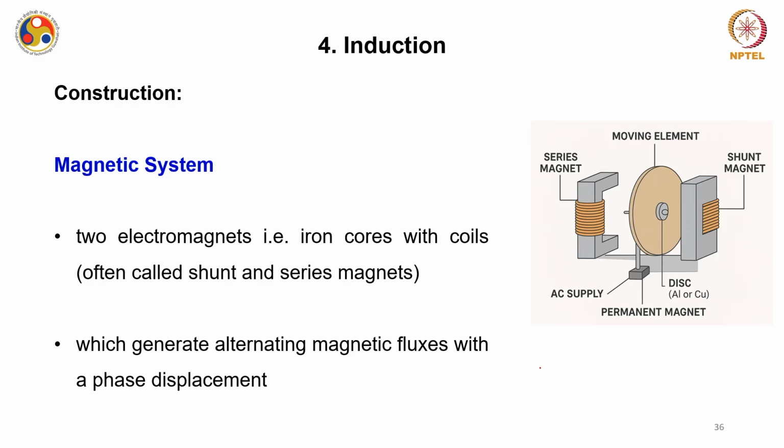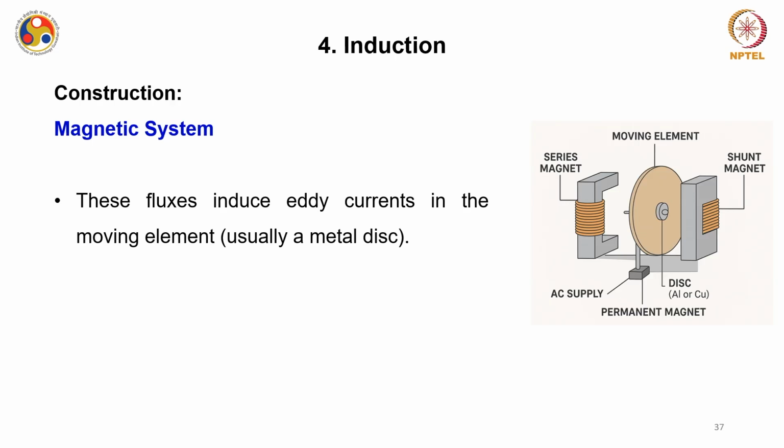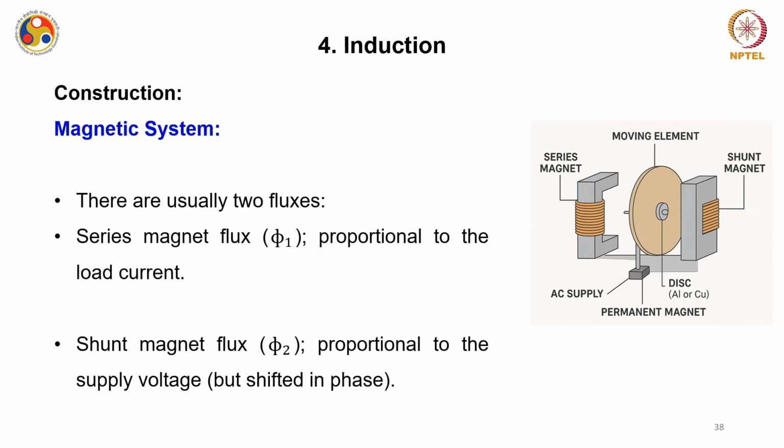These two electromagnets generate alternating magnetic fluxes, and the alternating magnetic fluxes will have a phase displacement between them. And these fluxes induce the eddy currents in the moving element, and this moving element is mostly a metallic disc.